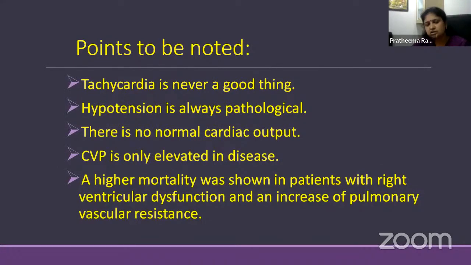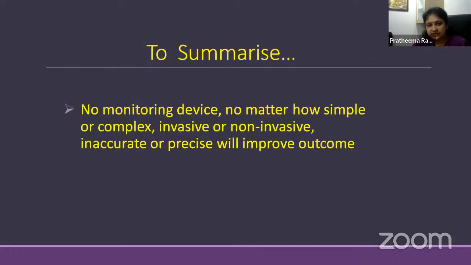We are always somehow fixed on the left ventricle function only, but we must also know that mortality with right ventricular dysfunction is higher than with the left ventricle. So we have to have more devices looking at the right ventricle also. So to summarize, no monitoring device, whether simple or complex, invasive or non-invasive, is going to be very accurate or precise.